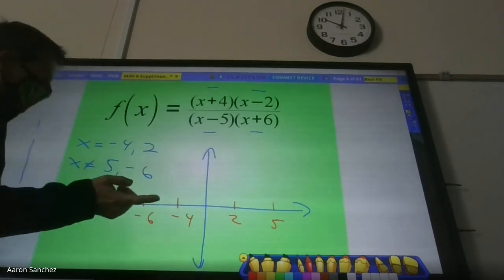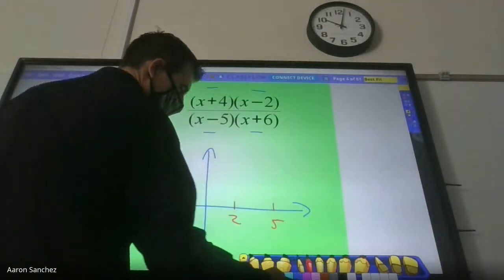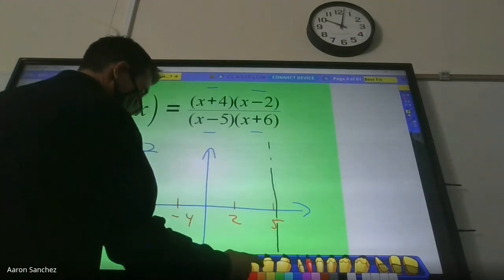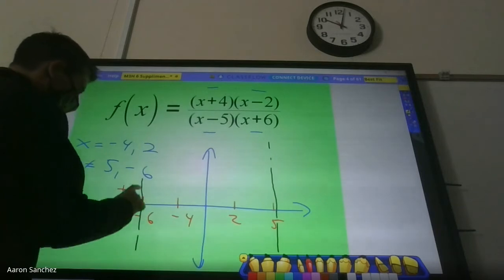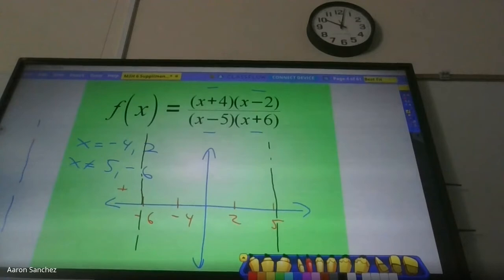Oh, wait. Let's do the asymptotes first. Asymptote at 5 and asymptote at -6. So those are my asymptotes. You guys got the asymptotes? Yes.